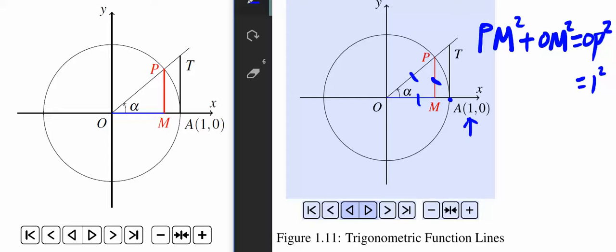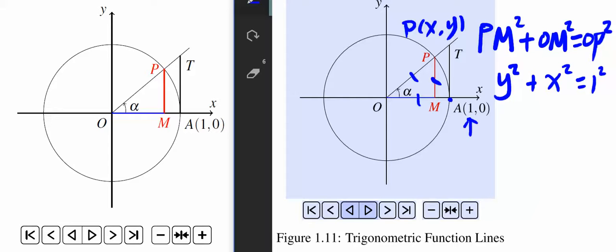And P has coordinates (x, y). So PM is y squared, and OM is x squared. OM is x, and PM is the y coordinate.